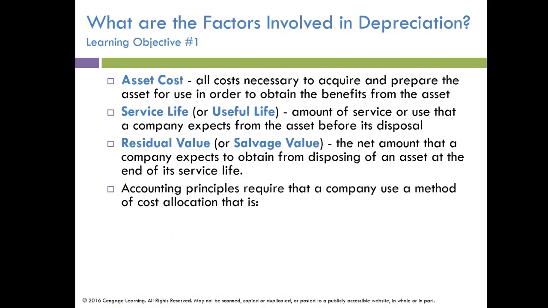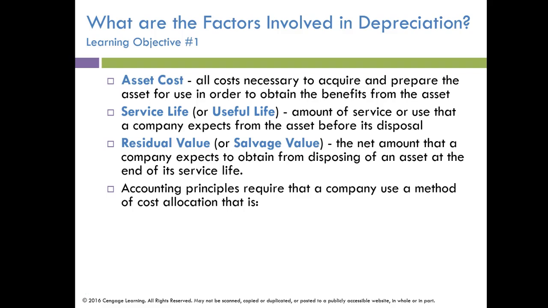So when we're looking at what factors are involved in depreciation or depletion or amortization, we need to look at a number of factors. And specifically for depreciation, where we're looking at tangible assets, we're looking at the asset cost, the service life or its useful life, the residual or salvage value, which is the concept that everything is worth something at the end of its useful life, even if it's just scrap value.